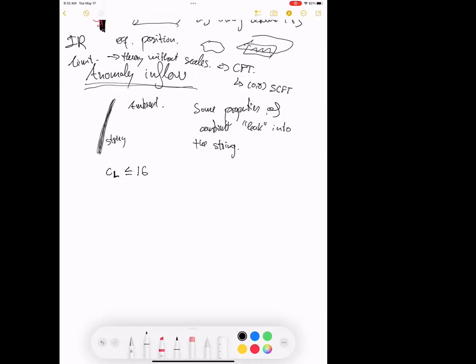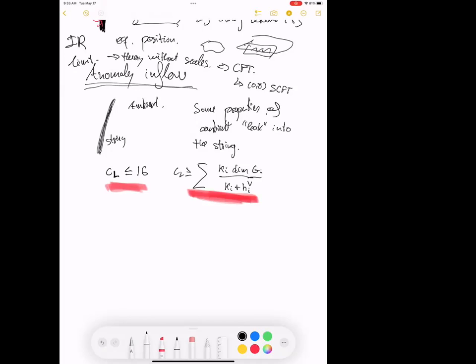And we also know that c_L is bigger or equal than a certain sum involving some numbers. Let me explain what this is momentarily. So we know these two things: the central charge is upper bounded by 16, and lower bounded by a sum involving some things, which are here.